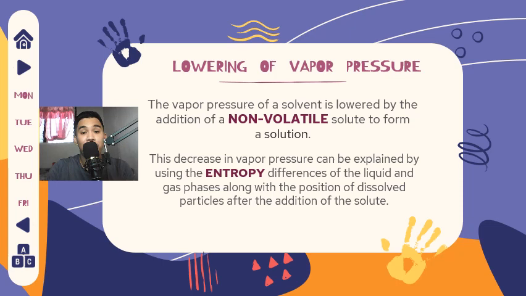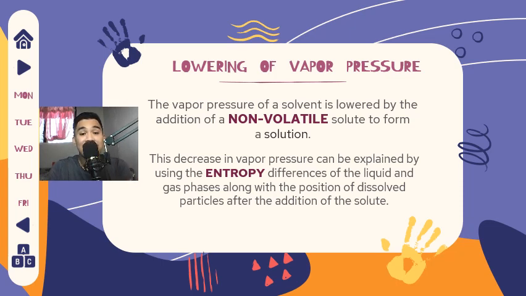The vapor pressure of a solvent is lowered by the addition of a non-volatile solute to form a solution. The best example for that is sugar, which is non-volatile and categorized as a non-electrolyte. By definition, a non-volatile substance does not evaporate.